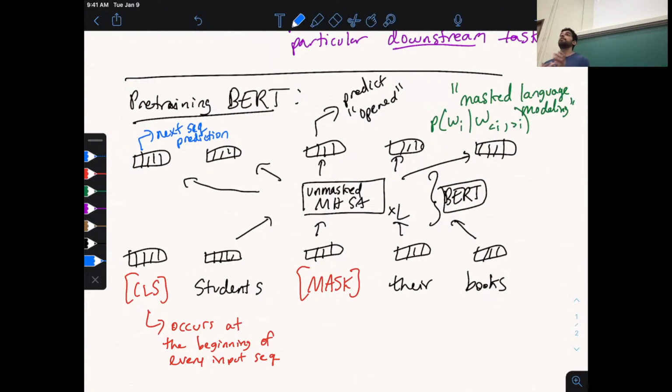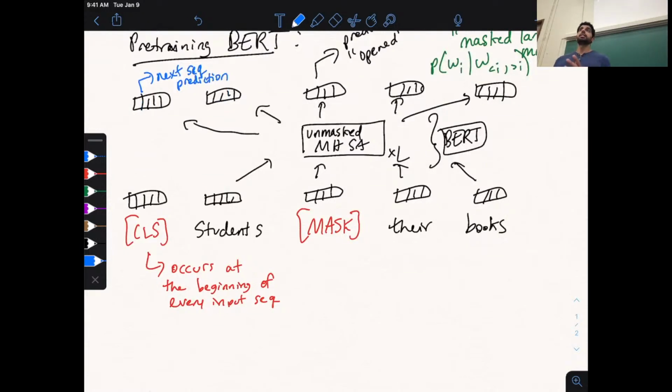And so they formed this binary classification task. Does the first sequence precede the second sequence in a document or not? And they put that over the first token. They trained it with a classifier, and they found that they could now use this first token representation as input to any sort of classifier.